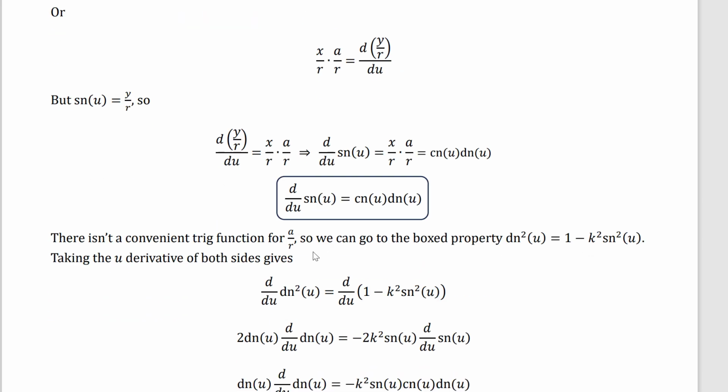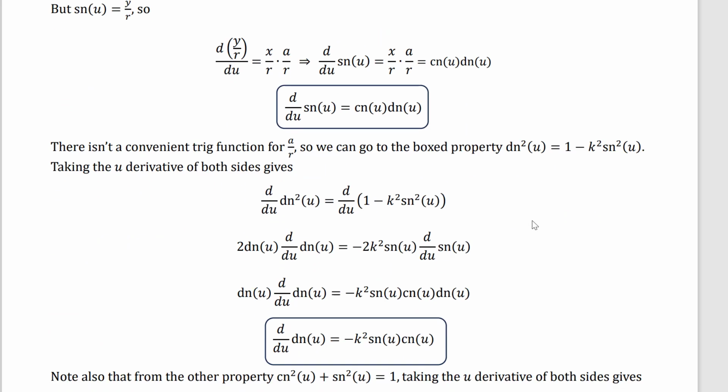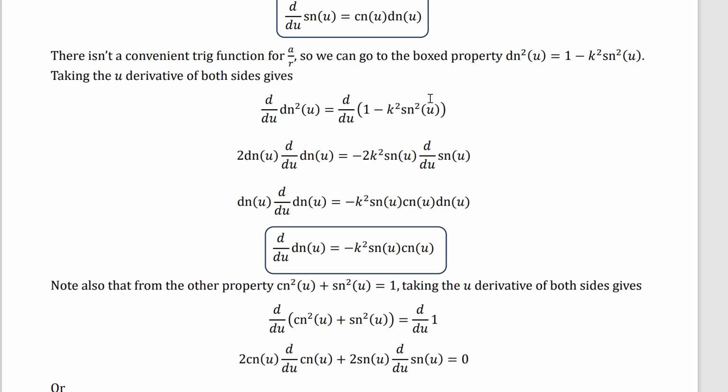And then there isn't a convenient trig function for a over r, so you can go to a boxed property, well, namely this one, dn squared, and take the differential. Well, actually just take the derivative with respect to u of both sides of this identity, that property, and you pretty easily get the derivative of dn is negative k squared sn u cn u.